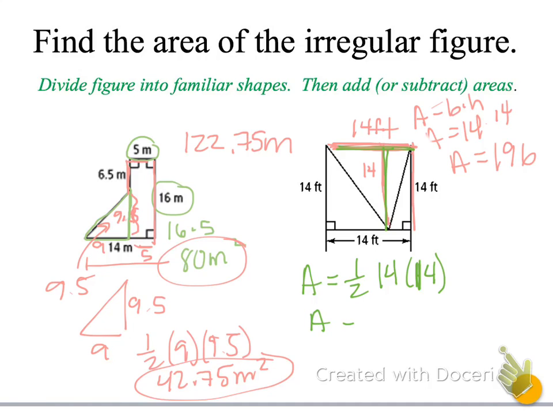So the area of that space that I don't want is 98. So I need to subtract out that space that I don't want out of my entire figure that I found. So it's subtract 98 to find the area of those two triangles left over. So 196 minus 98 is 98 feet squared. Remember to add the squared onto it because we were talking about area.